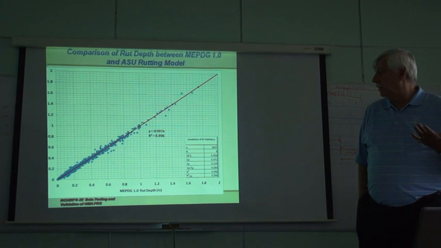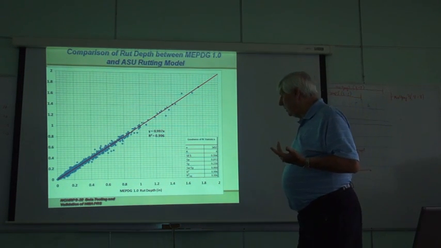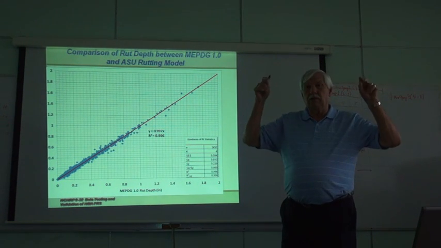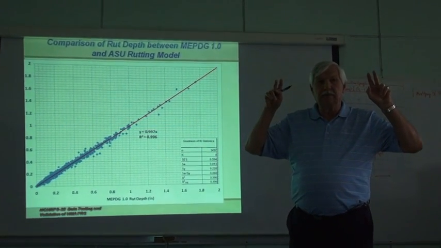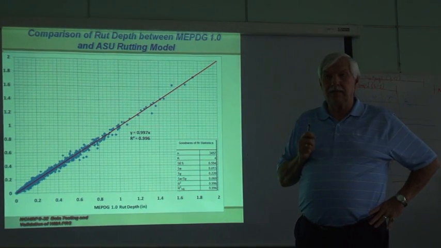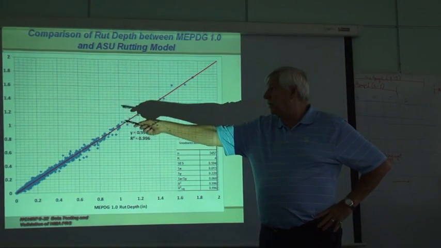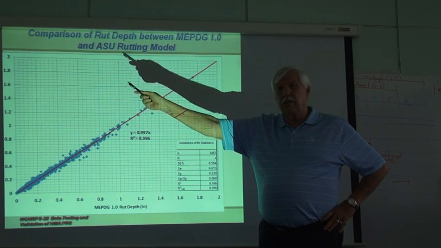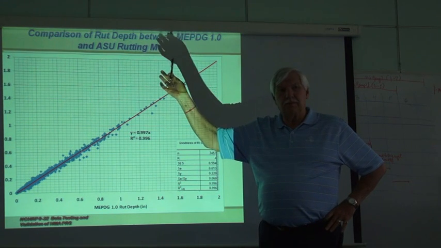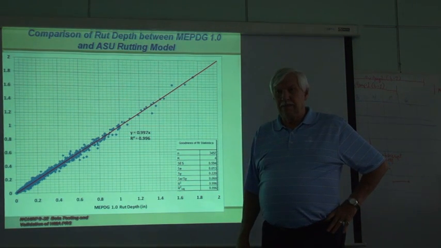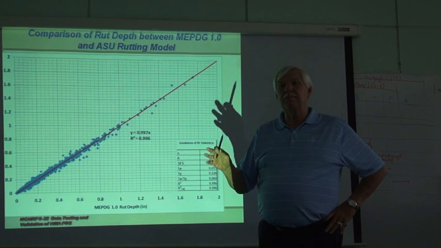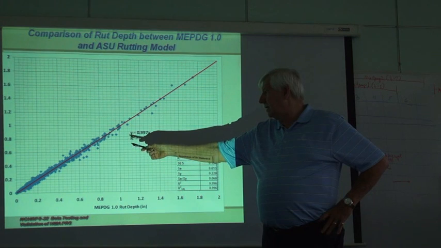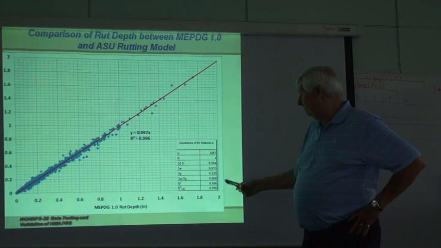What you have here shows the correlation for rutting in the asphalt by the closed form solution that's in the QRSS versus the rutting in the MEPDG solution using cumulative damage. So the net result of the simplified equations that we came up with, here is the correlation between them.